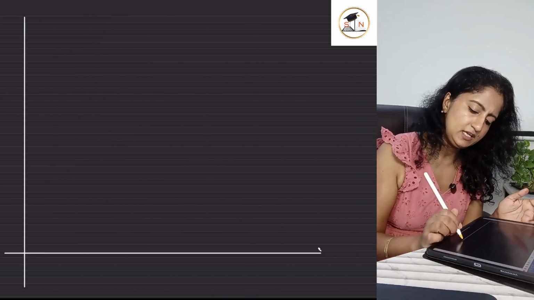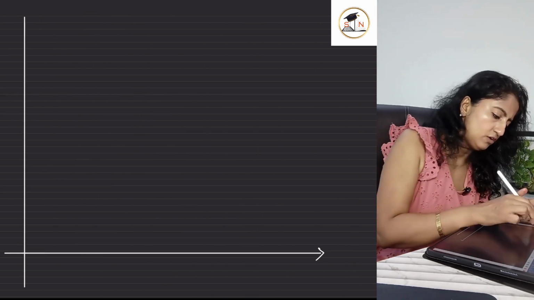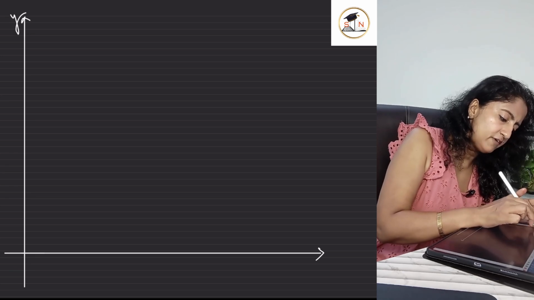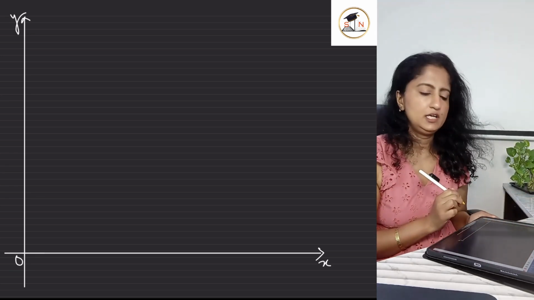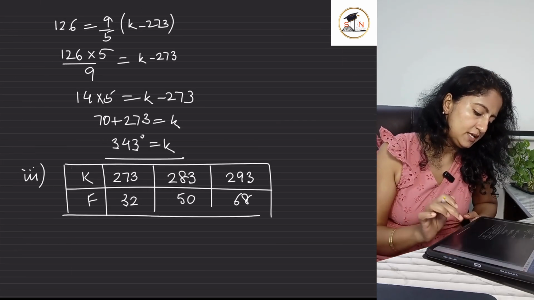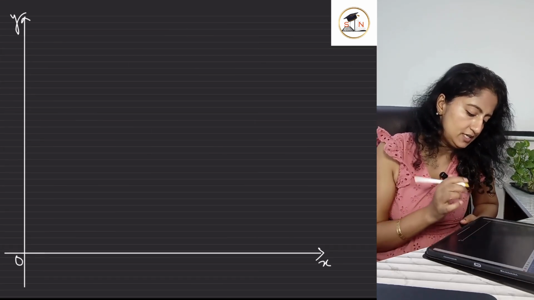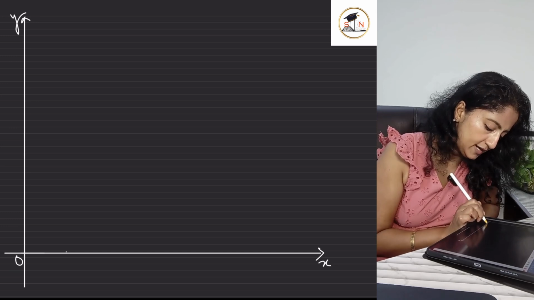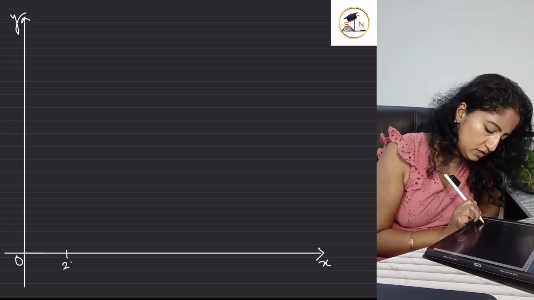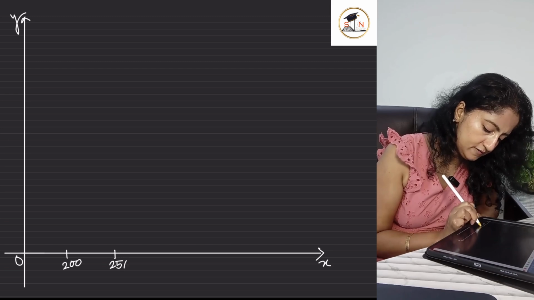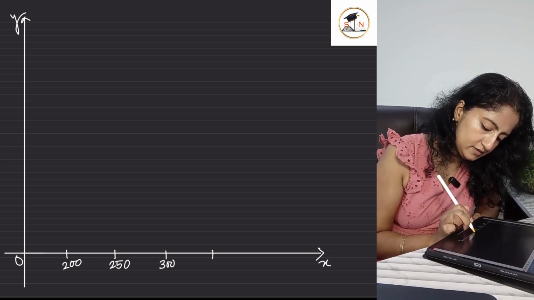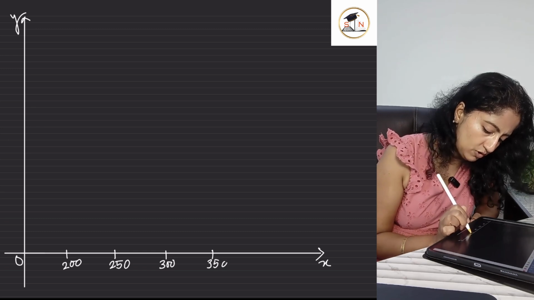So let's see how to plot now over here. Y, X and 0, right? So what do we get over here? What were the values of K? 273. So I am going to start over here at 200, 250, 300, 350 and so on.